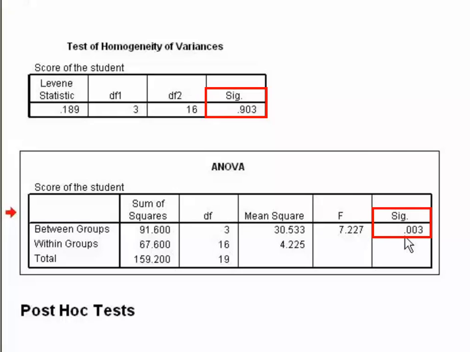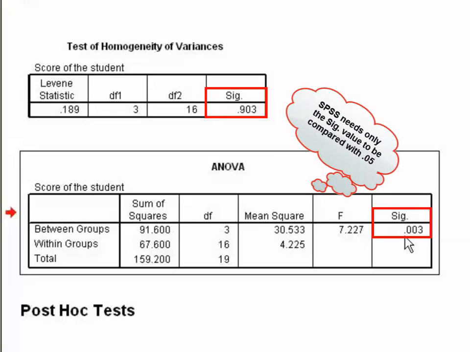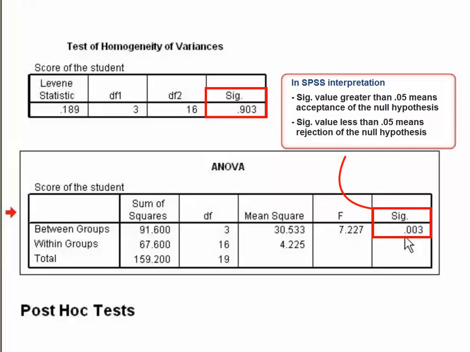For testing the hypothesis, SPSS needs only the sig value to be compared with 0.05. Remember, the sig value generated by SPSS and this level of significance are completely different. In SPSS interpretation, a sig value greater than 0.05 means acceptance of the null hypothesis, and on the other hand, a sig value less than 0.05 means rejection of the null hypothesis.